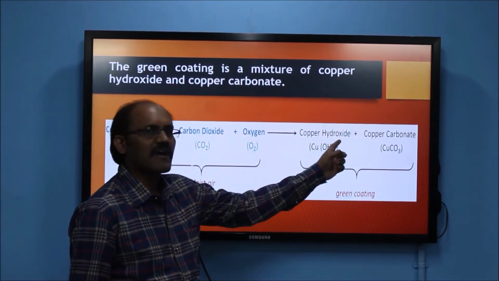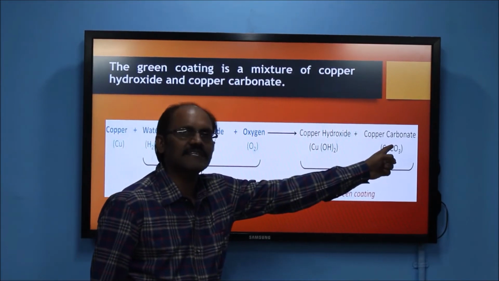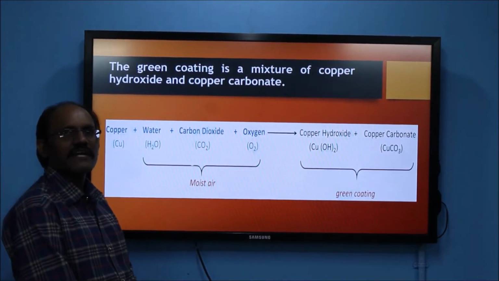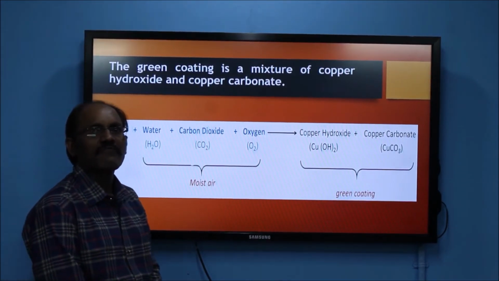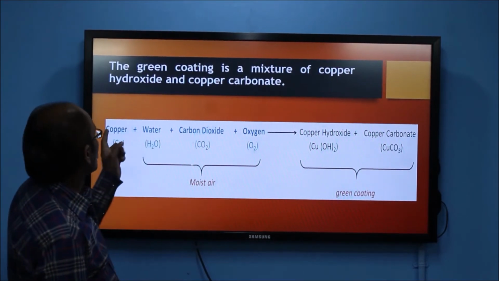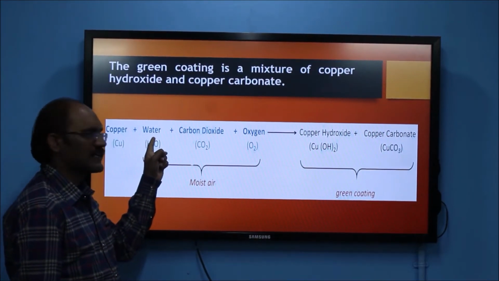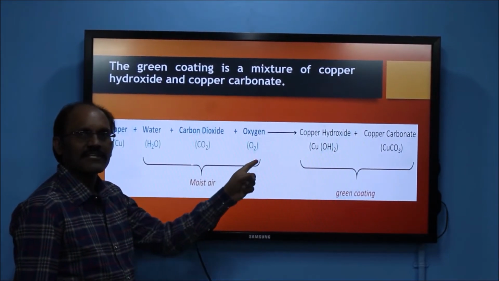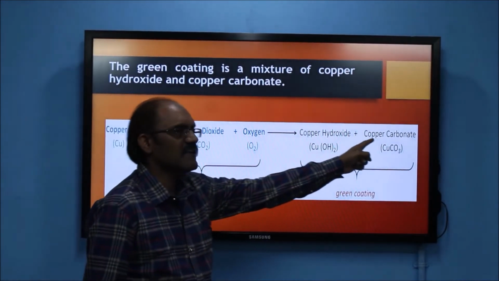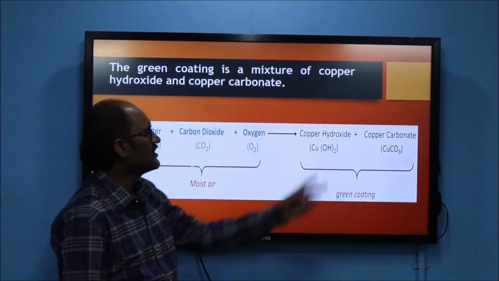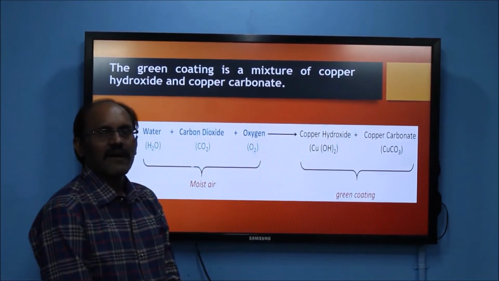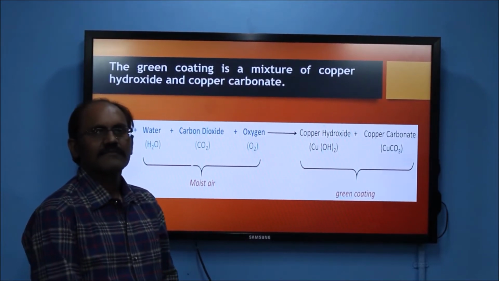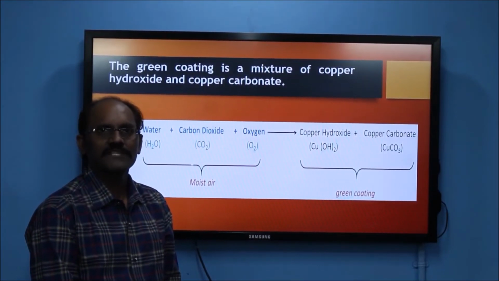One is copper hydroxide and another substance is copper carbonate. The entire chemical reaction can be represented in the form of a word equation like this: copper plus water plus carbon dioxide plus oxygen give rise to copper hydroxide and copper carbonate. And these two materials appear in the form of a green color over copper objects.